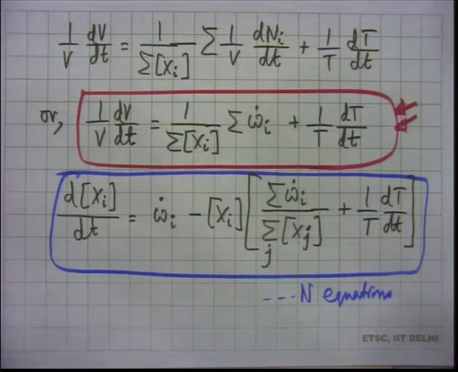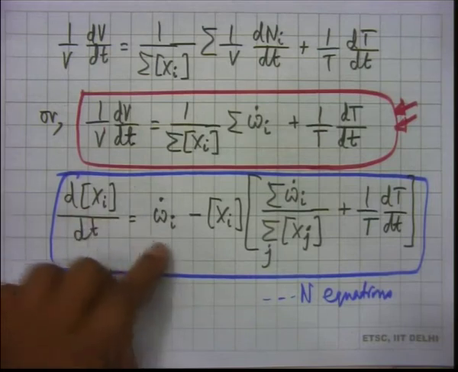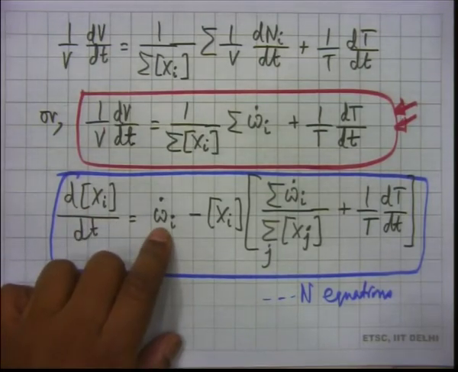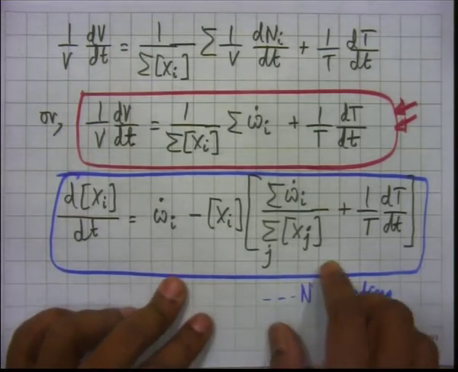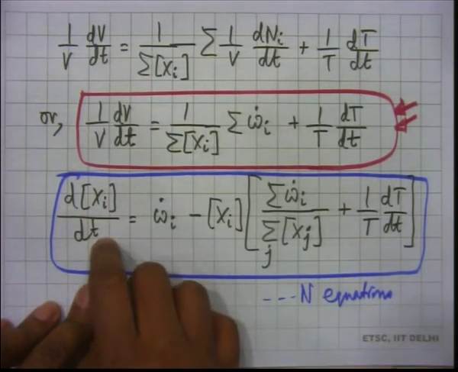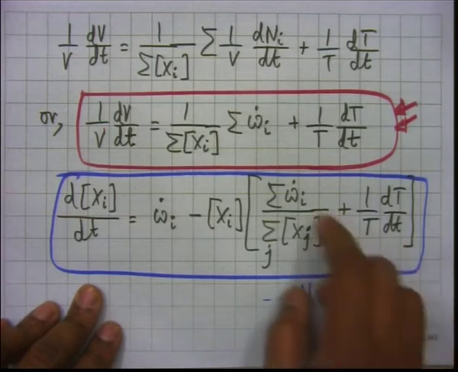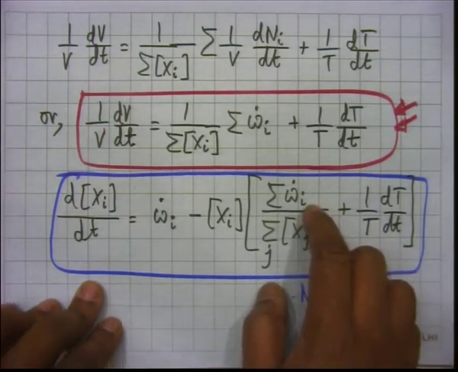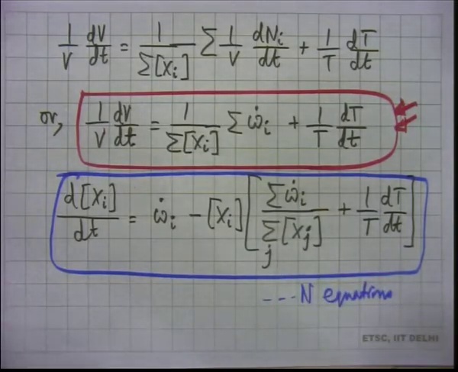So, if we are talking about carbon monoxide, then d dt of carbon monoxide concentration will depend on omega dot CO. Maybe that omega dot CO is because of the CO plus OH reaction. But the interesting thing is that the rate of evolution of the concentration of the ith species also depends on temperature, because all the reaction rates, all the omega dot i's, depend on temperature. So, this is also a complicated situation.